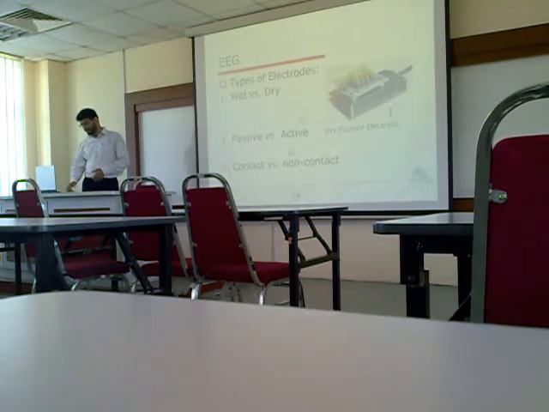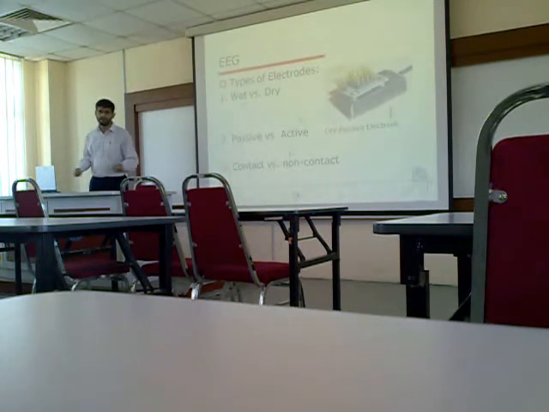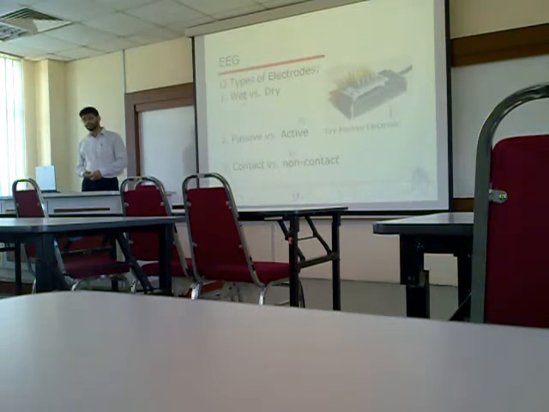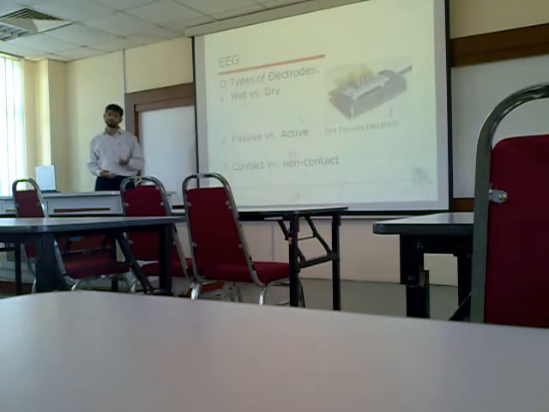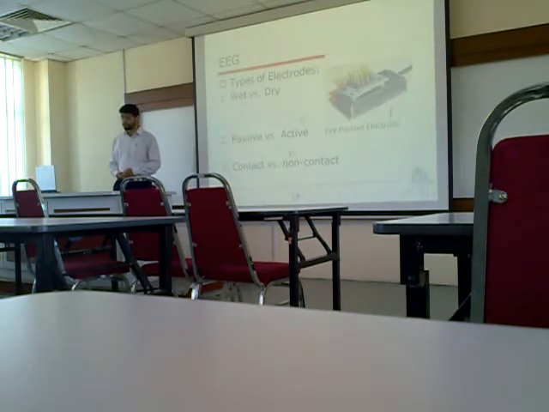And there are passive and active electrodes. Passive electrodes are electrodes without an active electronics component. Whereas in the active type, the signal-to-noise ratio is better, and it is much more immune to noise, because the electrical components are put on the electrode itself.